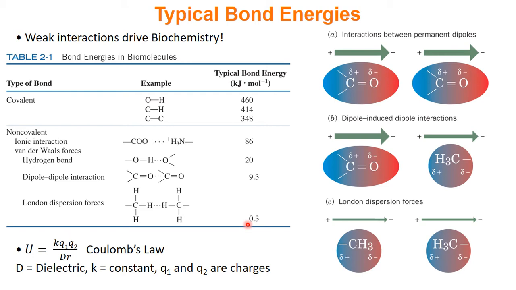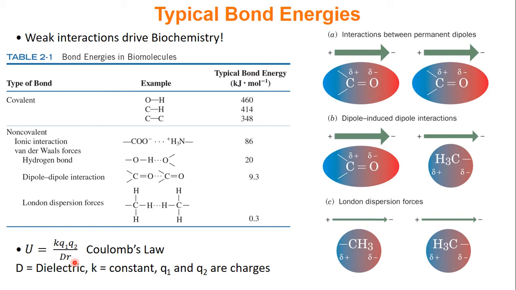And the way we measure these interactions is through Coulomb's law, where the energy equals K, a constant, multiplied by the charges of your molecules, divided by the dielectric. The dielectric is a constant for each type of solvent. The more polar the solvent, the higher the number.